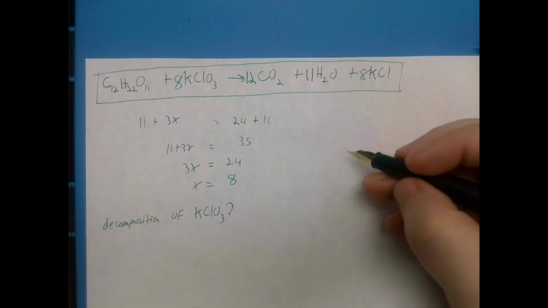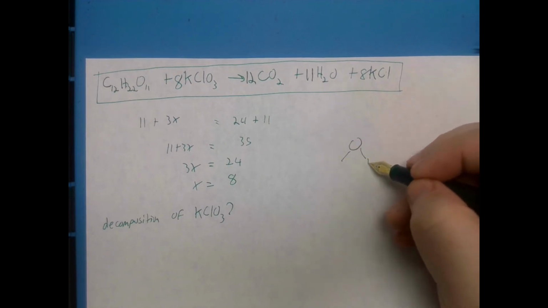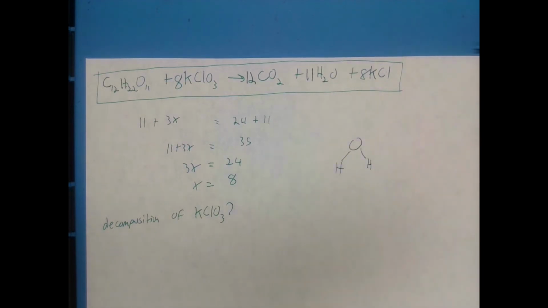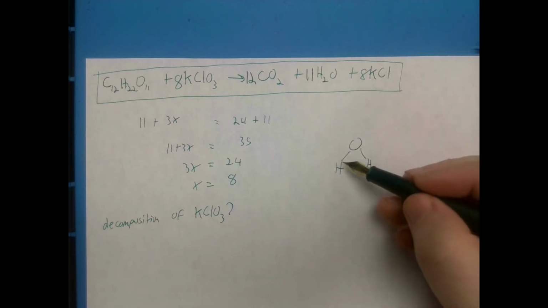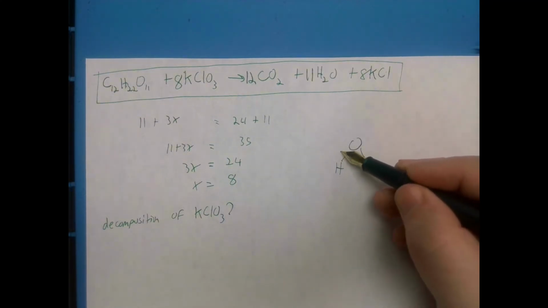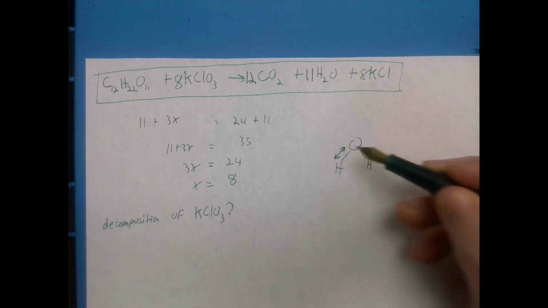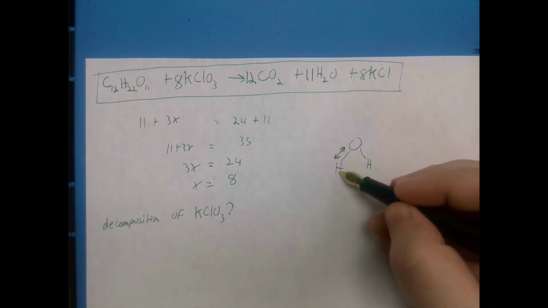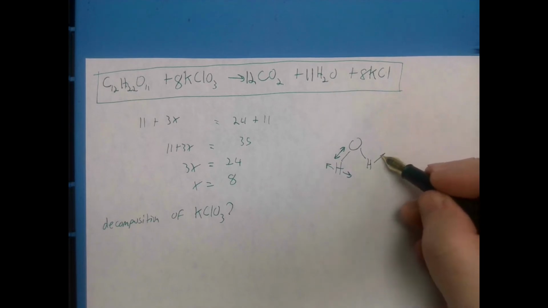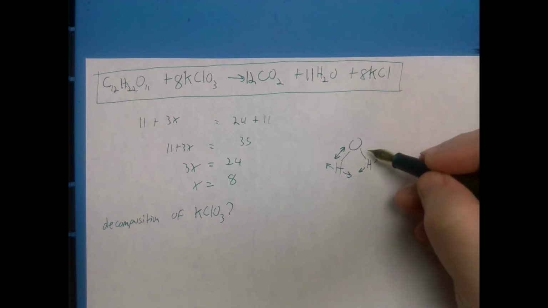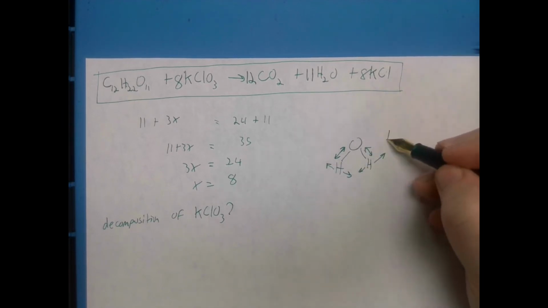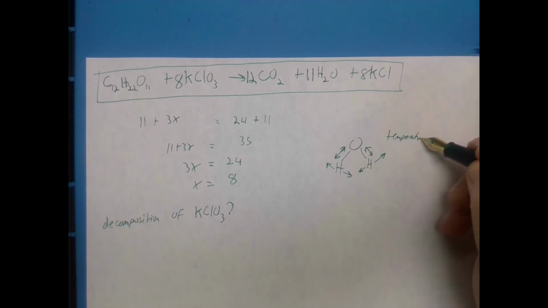So remember when we have molecules, let's look at water. How can we make water decompose? Well, we know that this hydrogen and this oxygen are vibrating back and forth, to the side. If you remember when we went over that, that's how microwaves work. And temperature is how much they're vibrating.